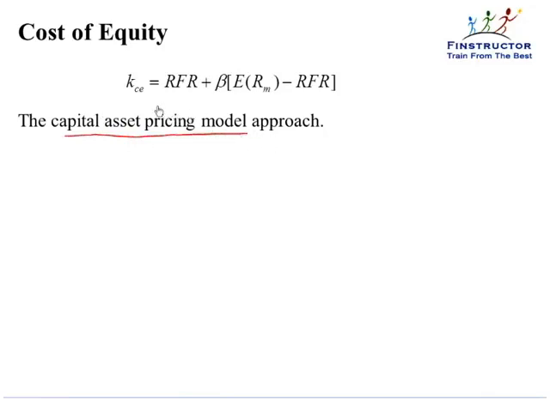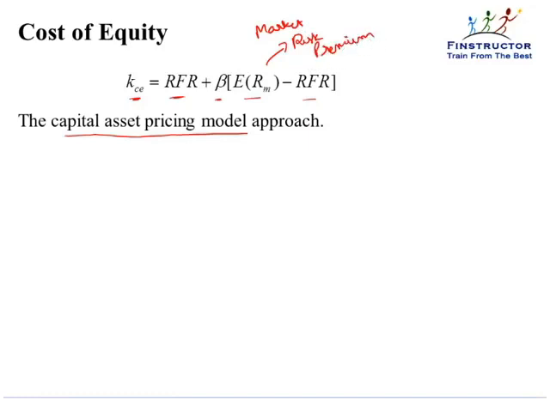The proof of this equation will be given in the review on portfolio management. So just remember for now that the cost of equity is given as the risk-free rate plus beta times the expected return on the market minus the risk-free rate. This is also called the risk premium, or the market risk premium.